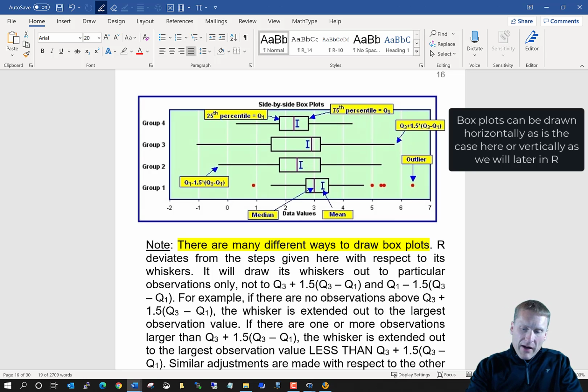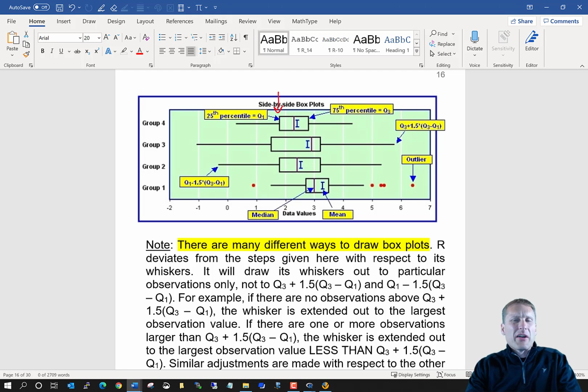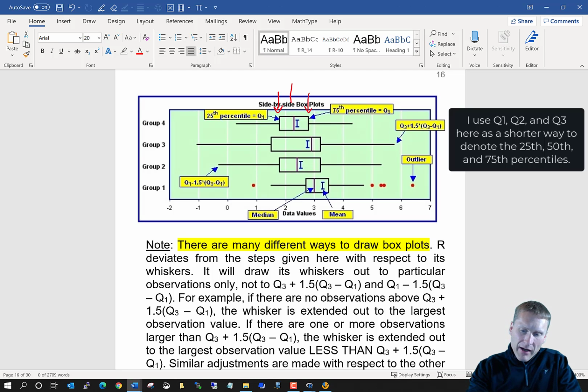And the box itself starts at the 25th percentile. I guess it's better to call it a rectangle instead. And ends at the 75th percentile. And inside the box, you're going to always see a line. And this is always going to be the median.